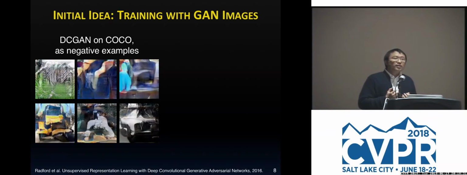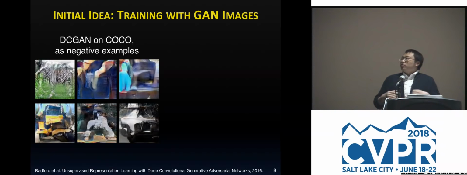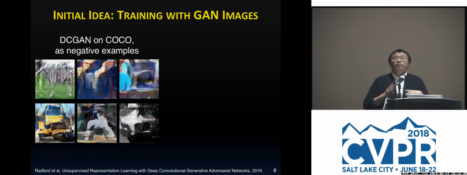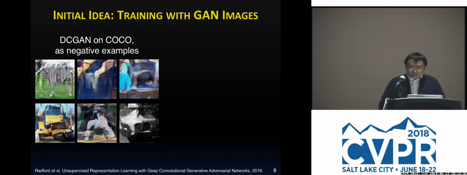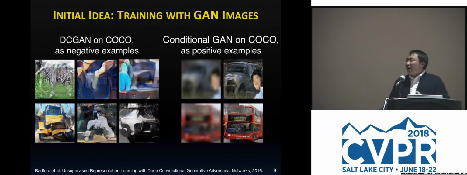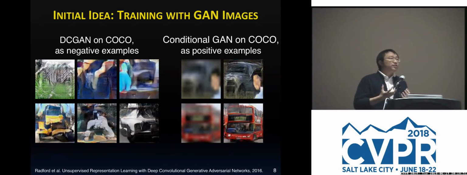Why is that? Because this kind of image does not exist in the testing data. So even if the detector is able to recognize that this is false, this is not real, it doesn't really help detection. The other way we tried was using a conditional GAN.